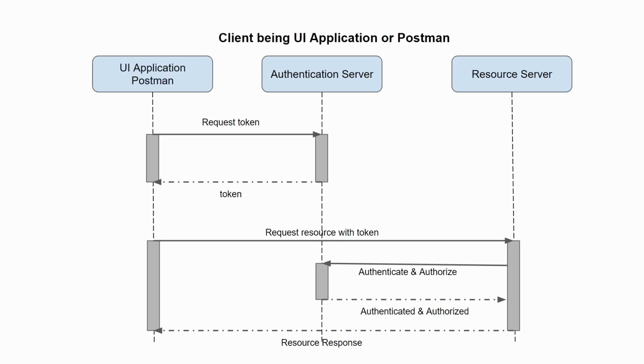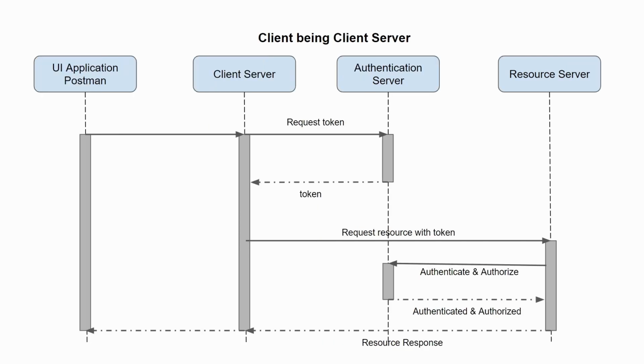And hence, I can name this as UI application or Postman on the client side. If the client here is a client server, what a client server means here is another application, a backend application, which serves another front-end application or Postman, and also interacts with another resource server.